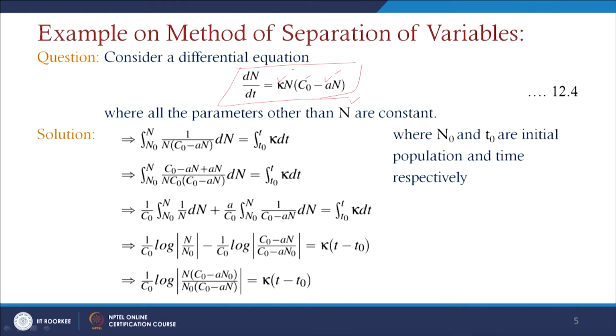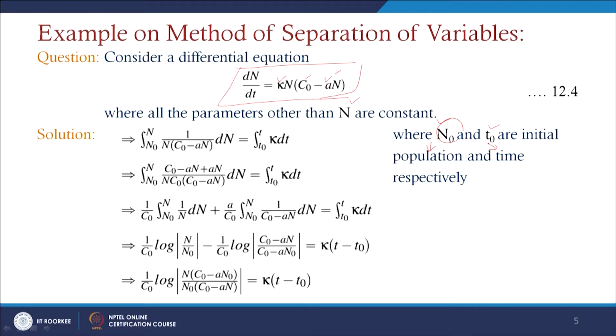And we have specified some conditions, that is N0 and t0 are the initial levels, maybe population or time, or any parameters you can assume for this differential equation. Here, N0 is the population level, and t0 is the time level at the initial level.